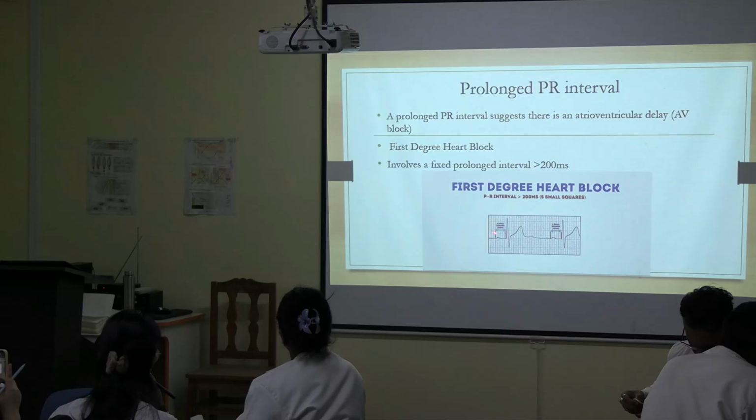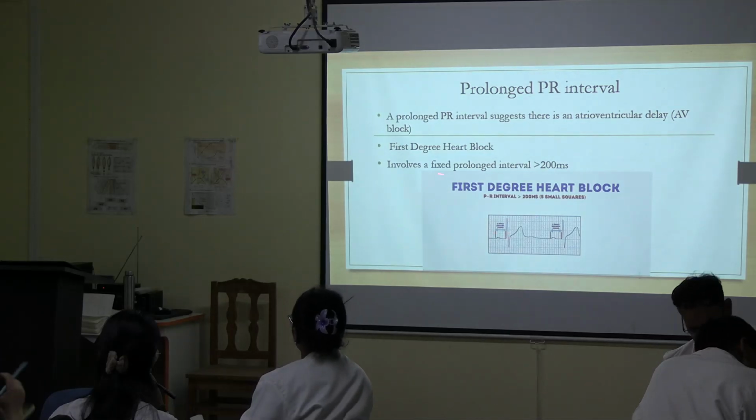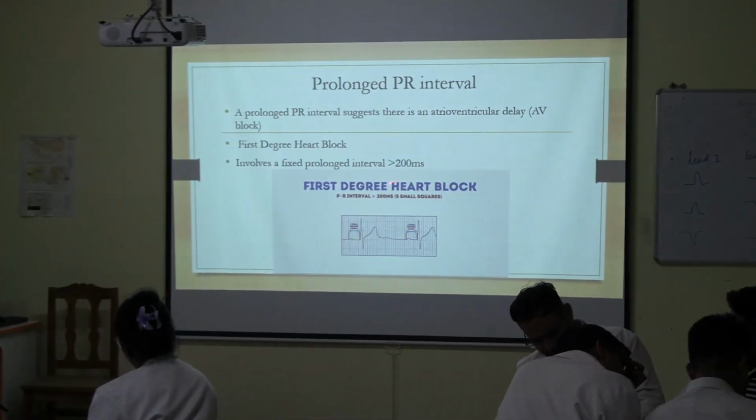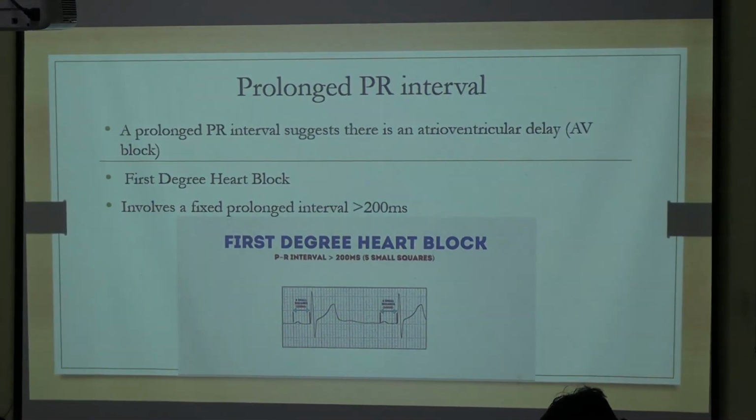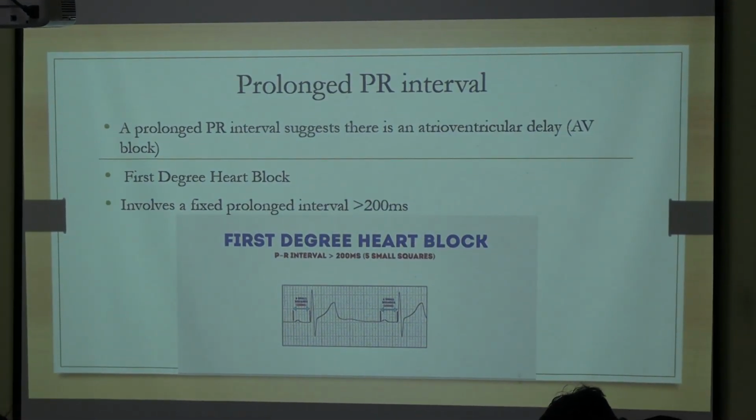For the first degree heart block, it involves the PR interval, it will be prolonged. PR interval will be prolonged, that is more than 200 millisecond. Okay. 200 millisecond or 0.2 second you can say, right?